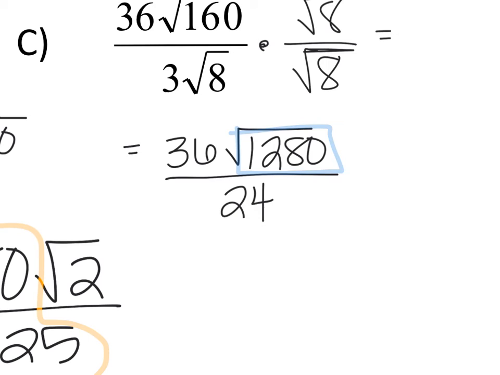So I'm scrolling, starting with 2, and 640 is there. That's great. 320, 160. 25 is a perfect square, but it doesn't go in evenly. 20 is a perfect square. 64 is a perfect square.